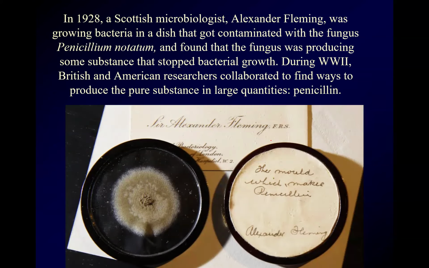And he was kind of sloppy with his technique, and a spore of Penicillium notatum drifted onto the dish and grew into a mycelium. You can see the actual dish right there with that fuzzy stuff in the middle. That's the mycelium. And Fleming noticed that the fungus produced some substance that stopped bacteria from growing in the dish.